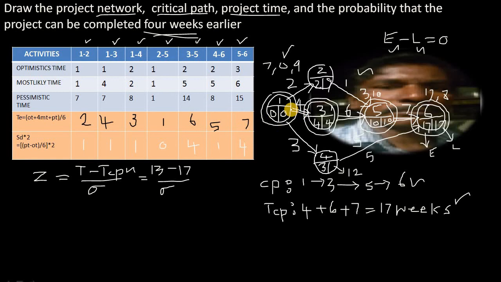The critical path here is 1, 2, 3, then 3 to 5, which is 4, then 5 to 6, which is 4. Now our variance, sigma square, is 1 plus 4 plus 4, which gives 9.